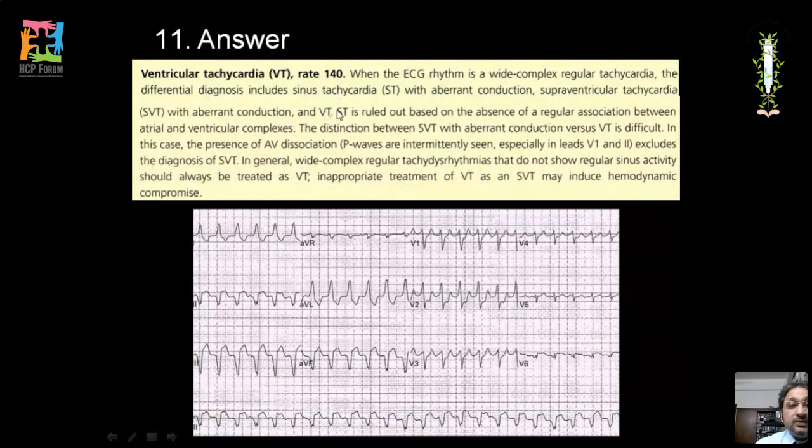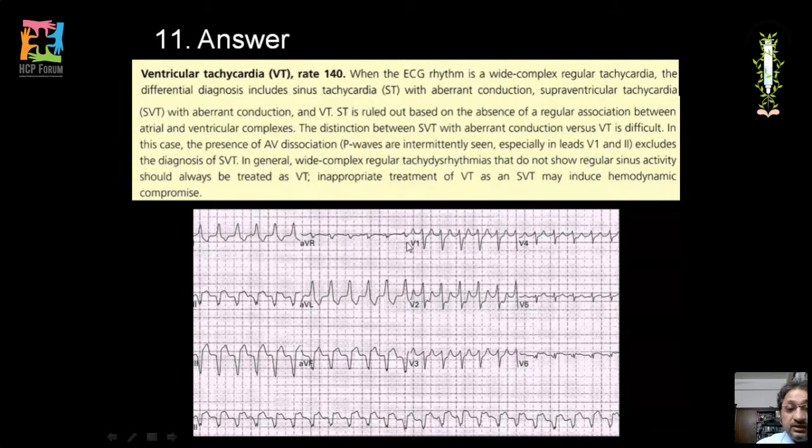As I told you, first you have to see whether there is any kind of RBBB or LBBB. I don't find any features of RBBB or LBBB here. And number two, I can find the presence of AV dissociation. The P waves are intermittently seen in V1 and V2.